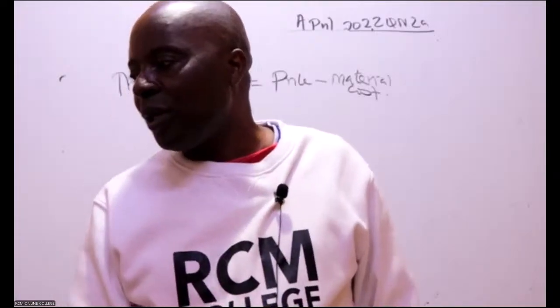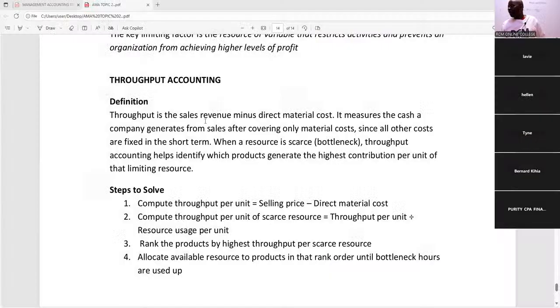So we are told, ladies and gentlemen, the definition: throughput is sales revenue minus direct material cost. It measures the cash a company generates. That's not even important to me. The moment you've understood that throughput is sales revenue or selling price minus material cost, you're very knowledgeable.